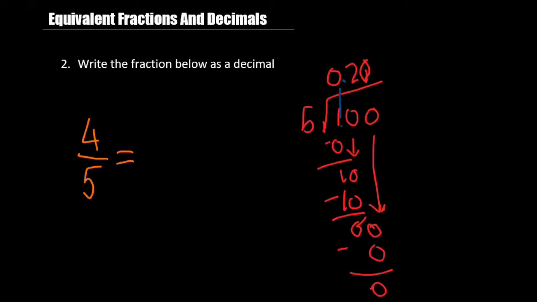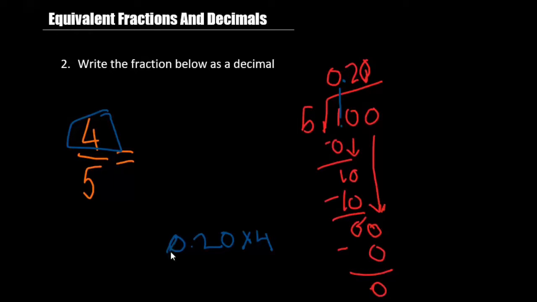So our answer is not done yet. We didn't get our answer yet. Now what we have to do is multiply 0.20 times 4, because 4 is our numerator. But there's an easier way to do that.